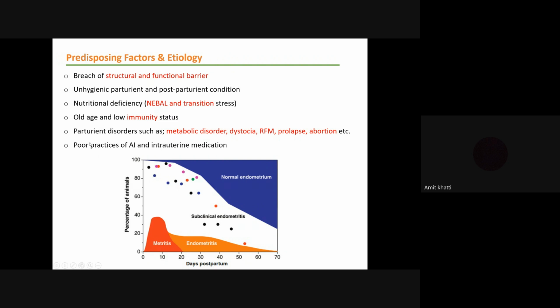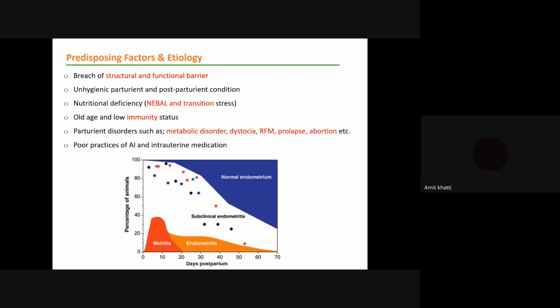Okay, and last, the predisposing factor, but not the least, is poor practices for artificial insemination or intrauterine medication. Generally, in field conditions, we do not prefer to wash the perineal area before attempting any insemination process or intrauterine medication. Washing or cleaning of the labia, vulval tissue and perineal area matters.